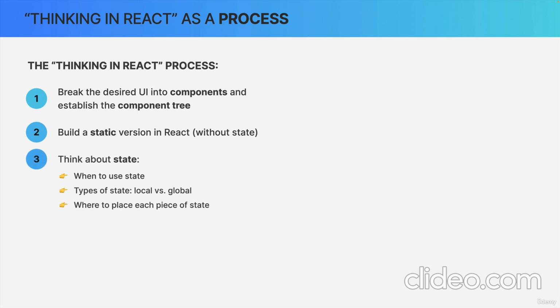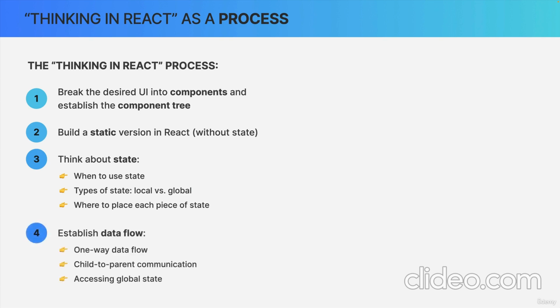So here we decide when we need state, what types of state we need, and where to place each piece of state. Then, finally, we think about establishing how data flows through the application. This includes thinking about one-way data flow, child-to-parent communication, and the way global state should be accessed.